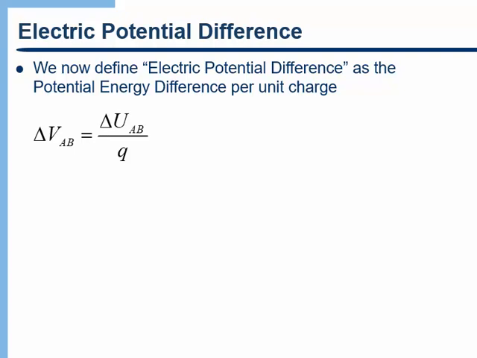But for right now, let's look at how this new thing, electric potential difference, can be related to the electric field. First of all, I want you to notice that electric potential difference is a scalar, and that's important. That simply means it's much easier to use than a vector is. And remember, that's one of the main advantages of the energy approach: it's scalars instead of vectors.